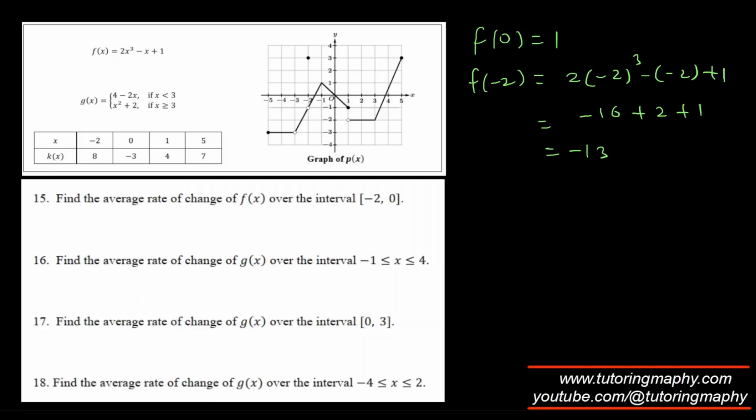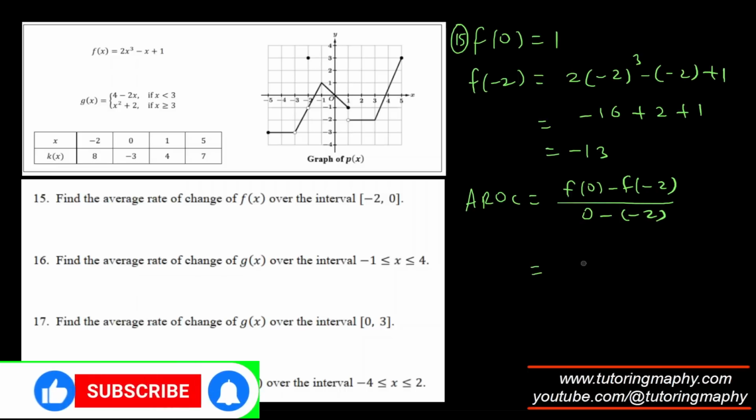So AROC, right now we are solving part B. So, I mean, sorry, question 15. AROC is going to be f of 0 minus f of negative 2 over 0 minus negative 2. So that's, I think, 1 minus negative 13 over 2, which is 14 over 2, which is just 7.